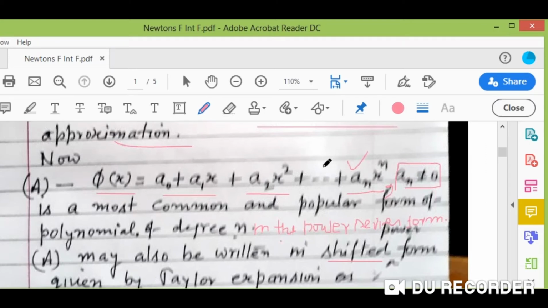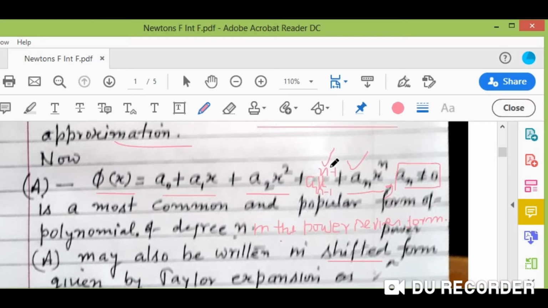The highest power of x is then n minus 1, and therefore the polynomial's degree will change.